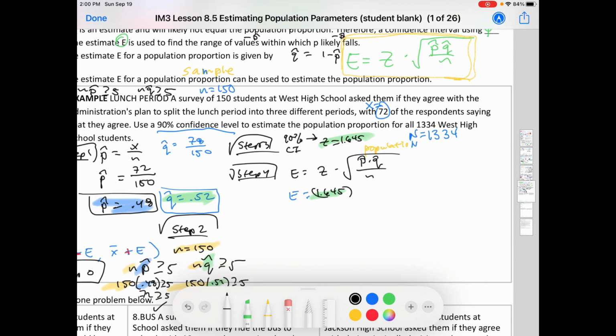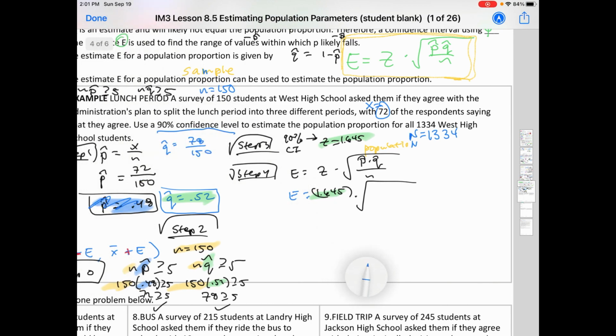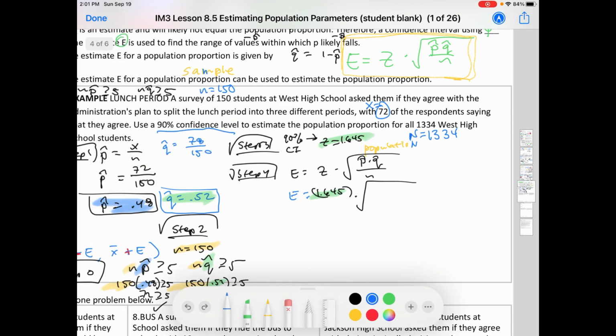Okay, same thing with this formula. Don't be scared of it. P hat is over here, 0.48. And q hat is 0.52.